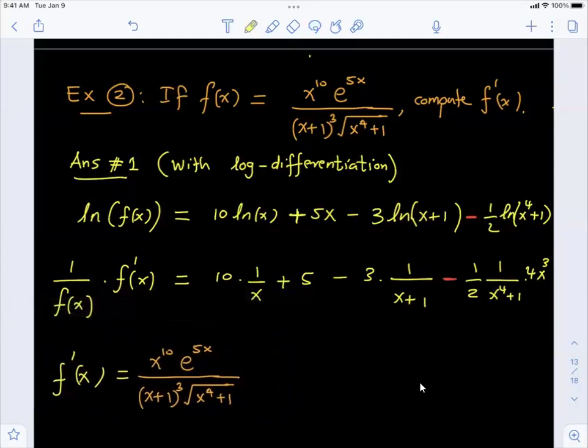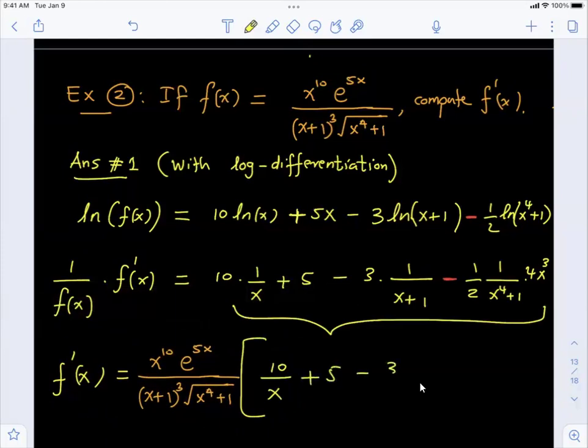And then you will open parentheses and write exactly this term, preferably in the simplified form: 10 over x plus 5 minus 3 over x plus 1, and then simplify, that will give you just minus 2x cubed.